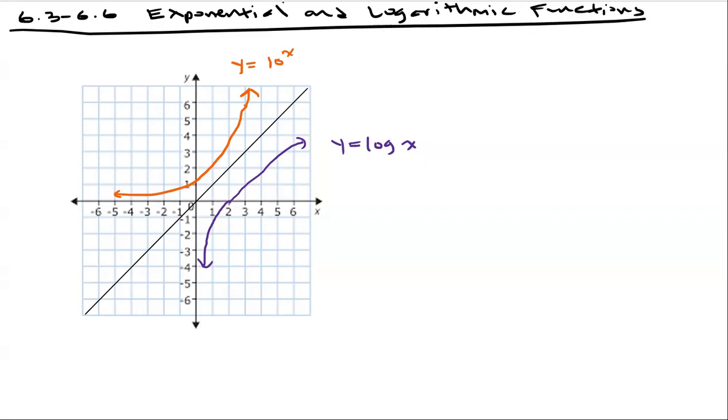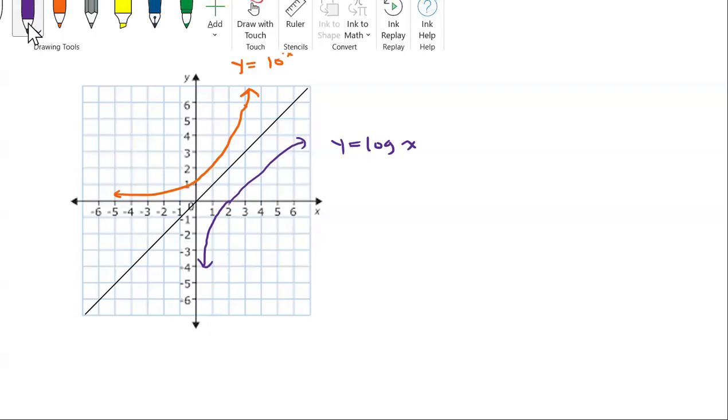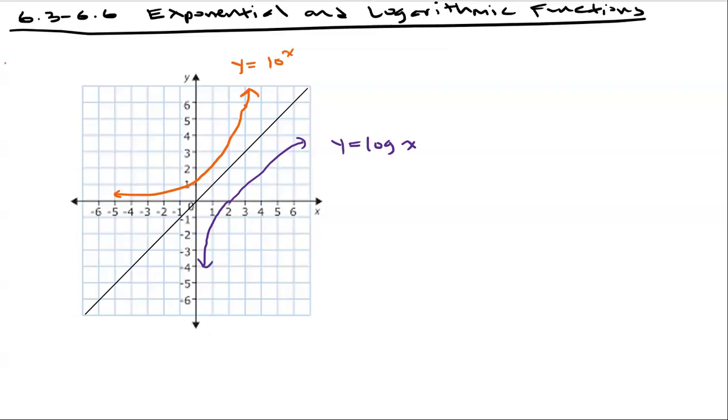First here we have y is equal to 10^x. This is called an exponential function. Notice that it starts off slow, then it gets to a particular point and then it just skyrockets.